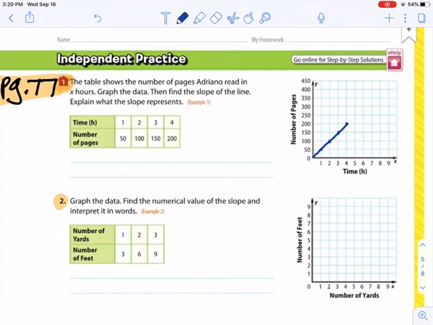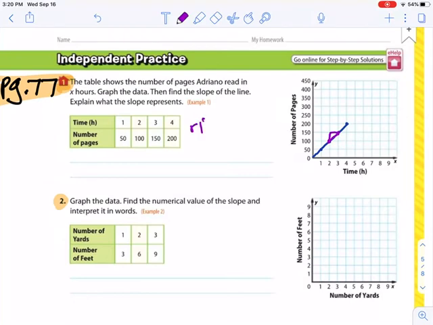Okay, so for 2 good points, as long as you know exactly what the coordinates are, then that's fine. I'm going to choose this one and this one, and I'm going to connect them.